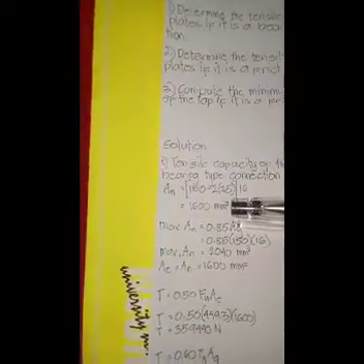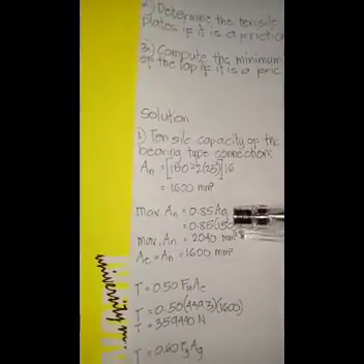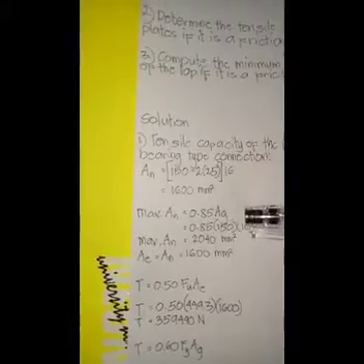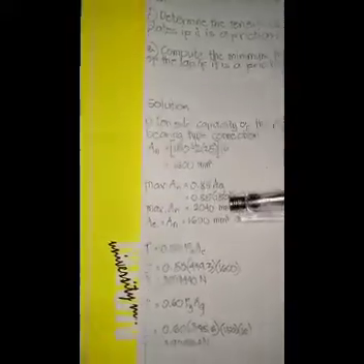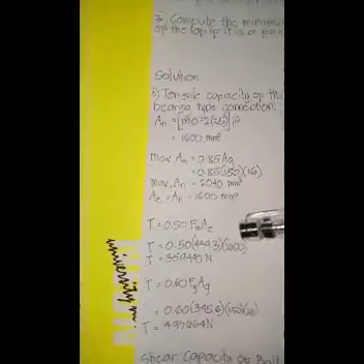Then getting the maximum net area, which is 0.85 times 150 times 16. Our maximum net area is 2,040 mm squared. Then A sub n is also equal to A sub e, which is 1,600 mm squared.